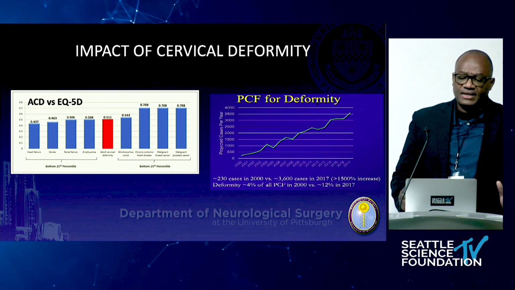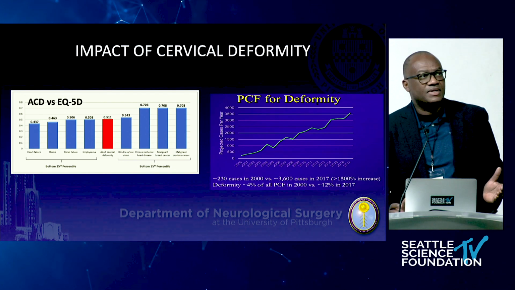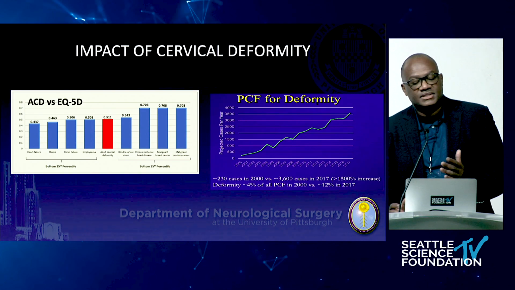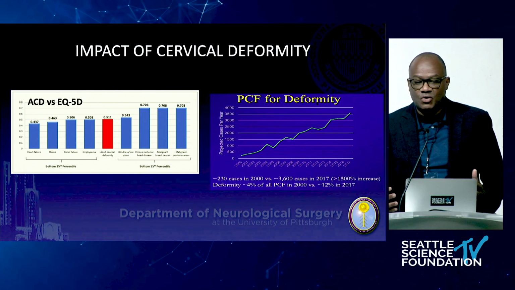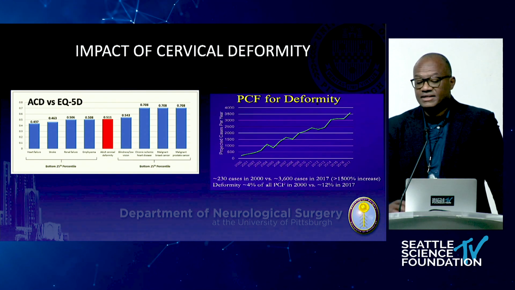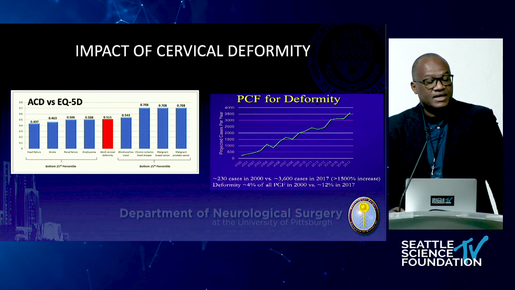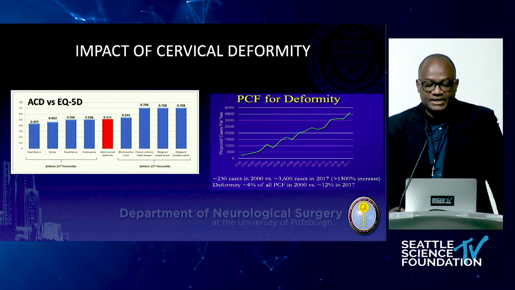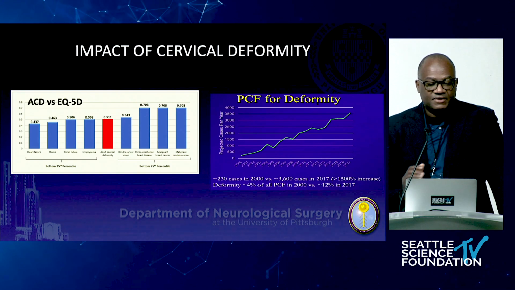One of the things that is not very clear has to do with the increase in posterior cervical fusions for deformity correction, and understanding the implications. There are also wide studies about the disability index of cervical deformity.